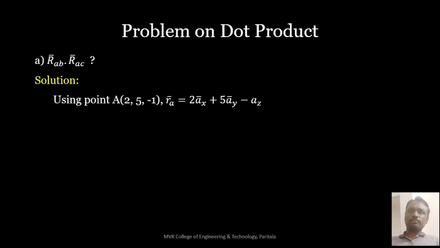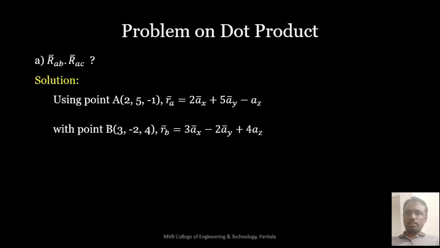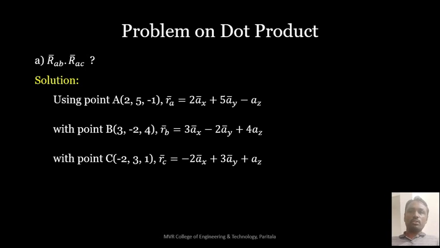The second point, B, is 3, minus 2, 4. So it is 3 AX bar minus 2 AY bar plus 4 AZ bar. Similarly, point C is minus 2, 3, 1. So the RC vector can be written as minus 2 AX bar plus 3 AY bar plus AZ bar. This is the way we represent RA bar, RB bar and RC bar.